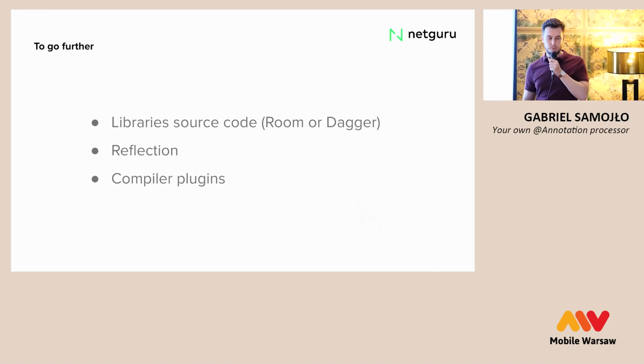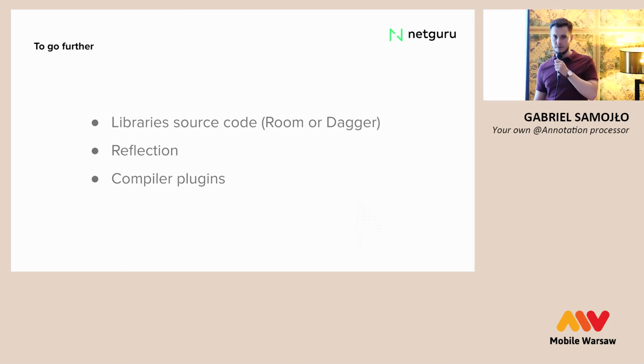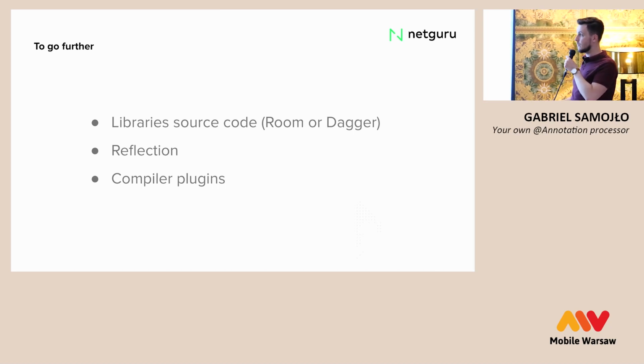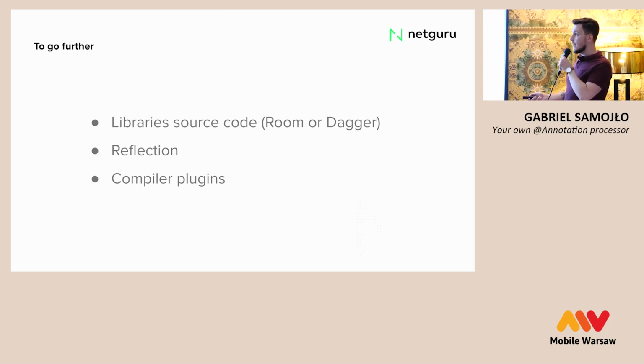In one of the projects I built, we have mappers from DTO to entities completely being generated. So it's only a matter of adding a mapper annotation. It will be created and provided by the annotation processor.